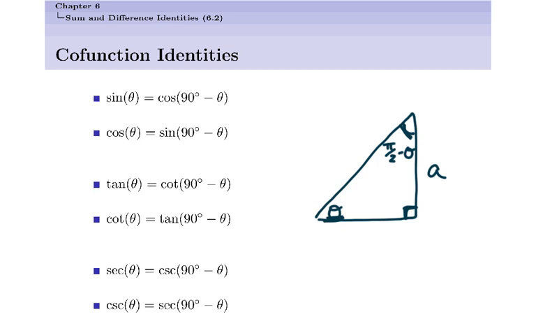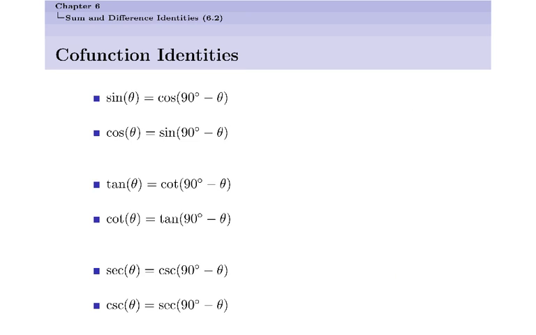Let's call this A, B, and C. If I asked you for cosine of theta, you would tell me it was B over C. But if I asked you for sine of this angle, do you see that you would also get B over C, opposite over hypotenuse? That's why these work.